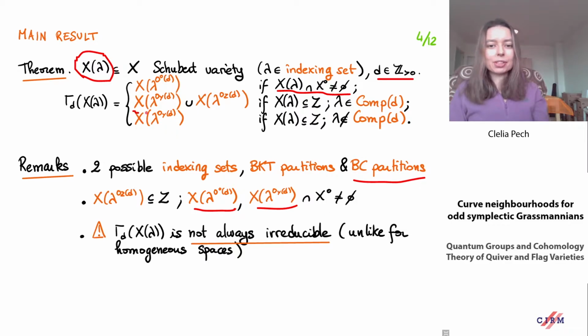However, in the case where I have 2, I have one intersecting the open orbit and one that's entirely contained in the closed orbit. So it's an interesting difference from the homogeneous case. For homogeneous spaces, curved neighborhoods are always irreducible. And here we see that's not the case.